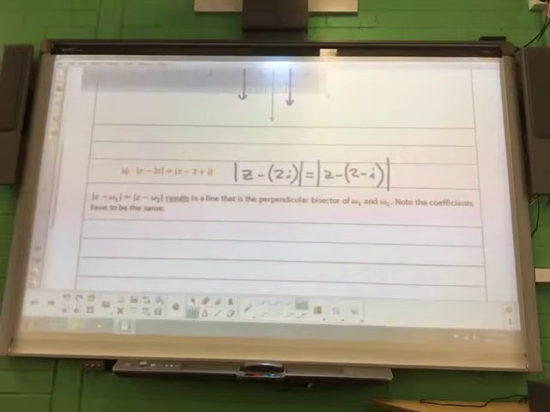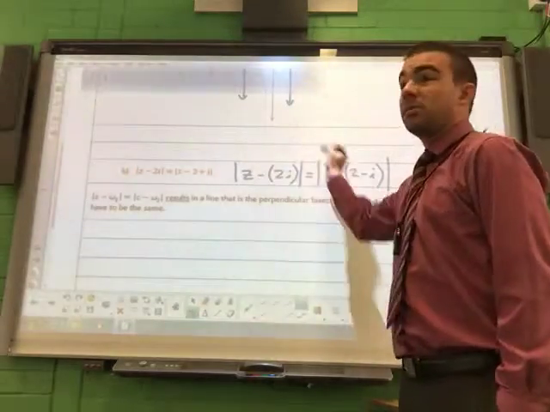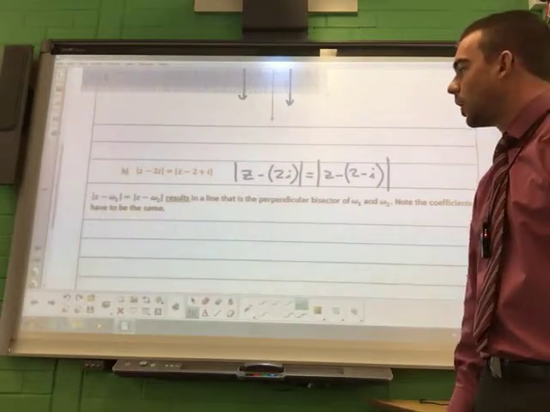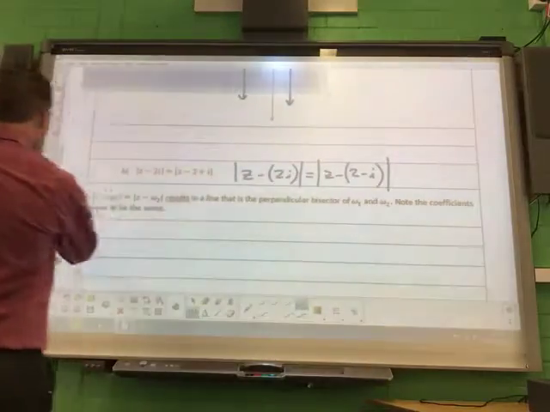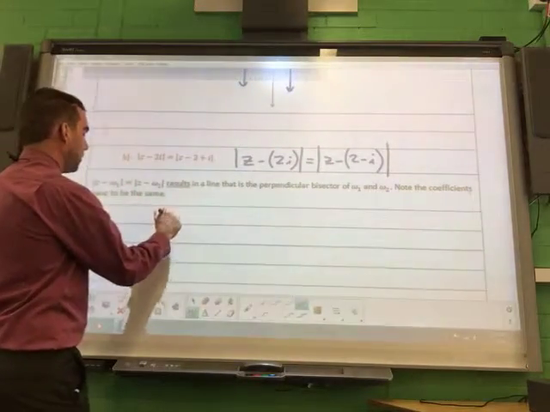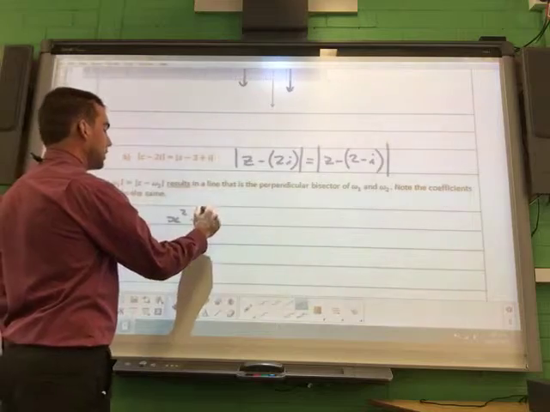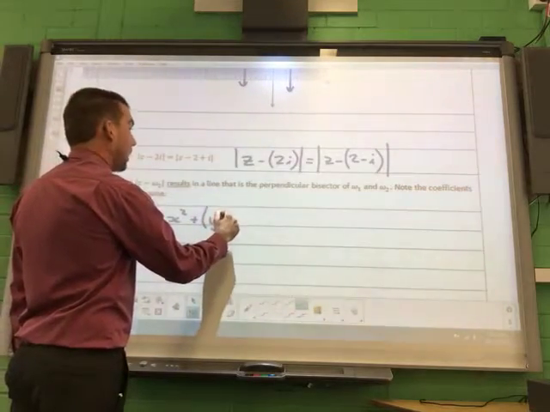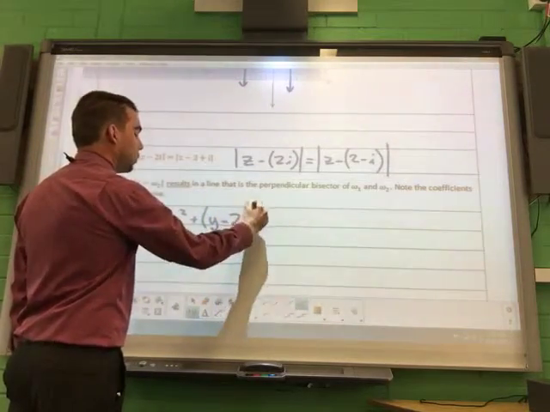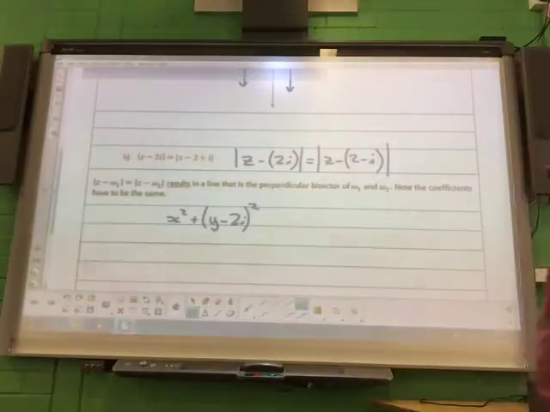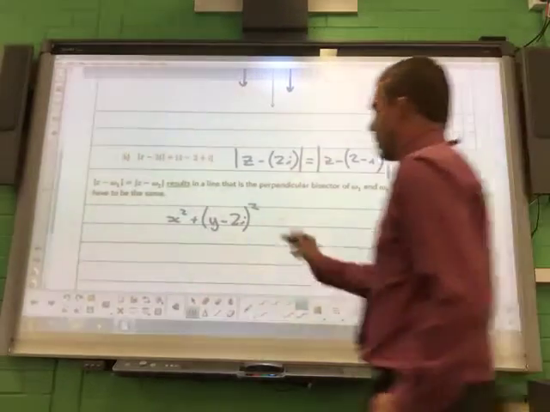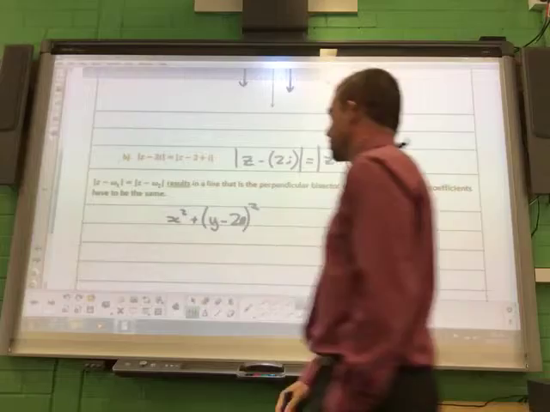So a couple of ways we can do this. We can do this algebraically. We're calculating the modulus really of these two expressions here. So x squared plus y take away 2 all squared. We don't need the imaginary part, just the real part, just the coefficient, sorry.